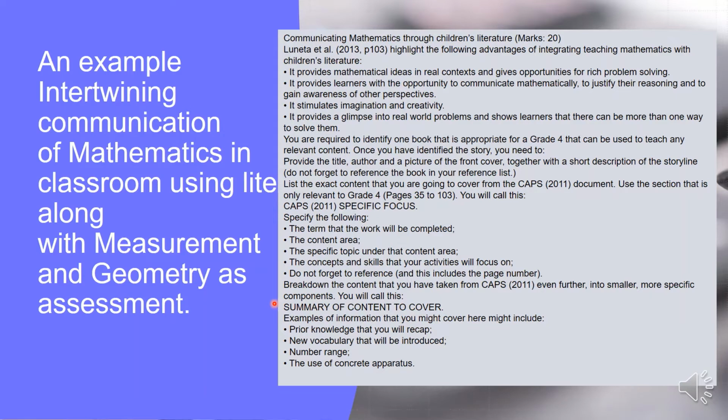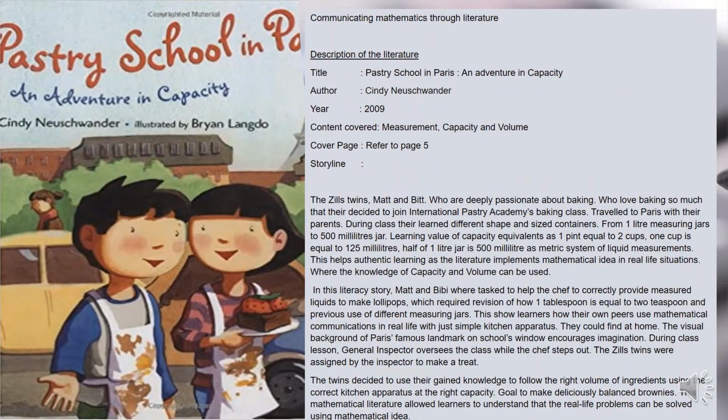An example of this information to cover might be prior knowledge, which will be a recap, the new vocabulary they have been introduced to, the number range, and the use of concrete apparatus. This is an example of how I would answer the assessment, which is communicating mathematics through literature.